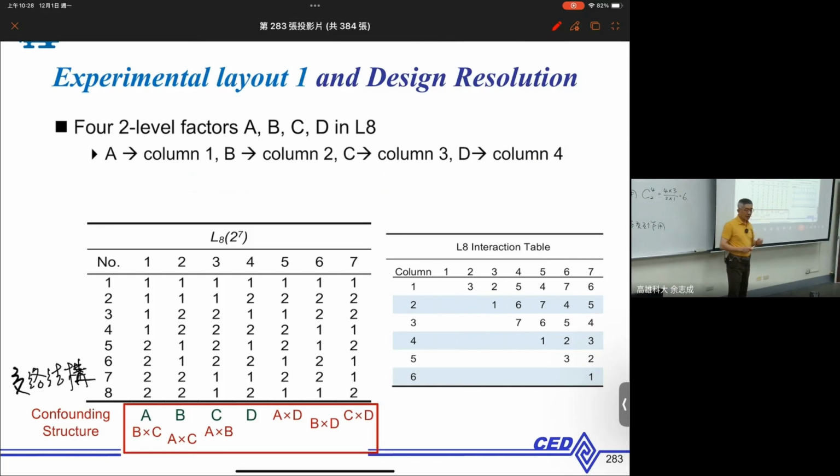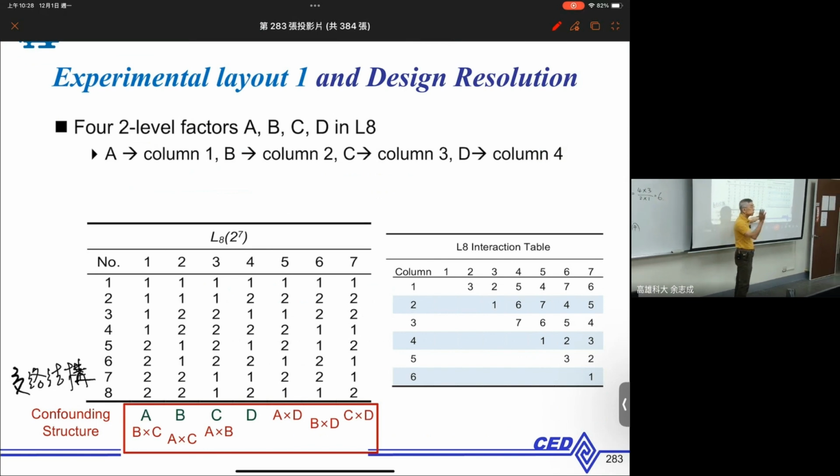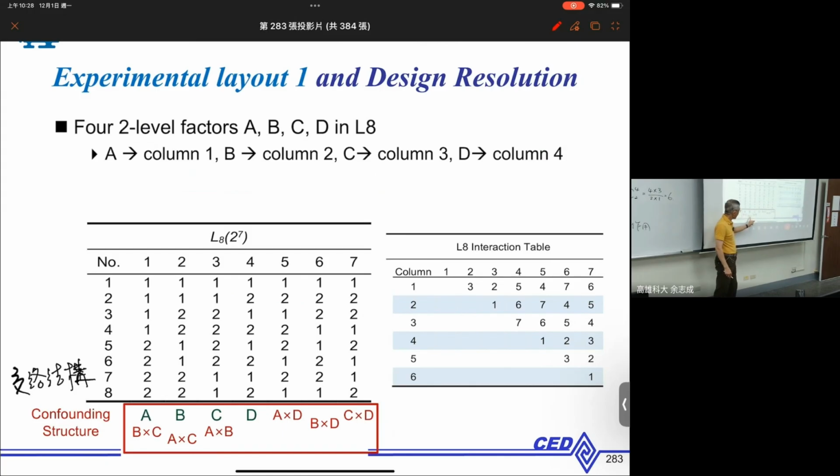So remember last week, we drew the interaction plot, right? And in this case, you can draw the interaction plot for these 3, but you cannot draw the interaction plot for BC, AC, and AB because they cannot be estimated, right?